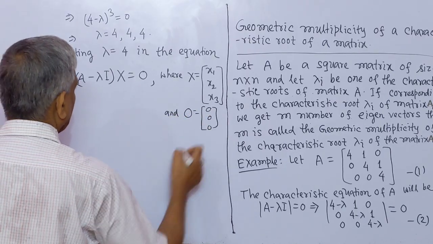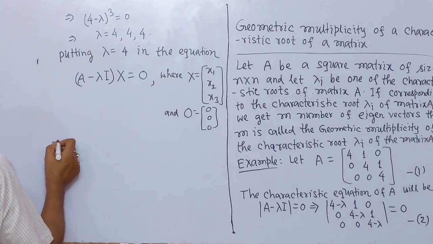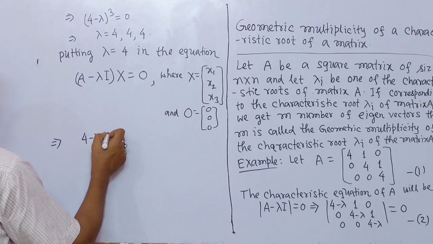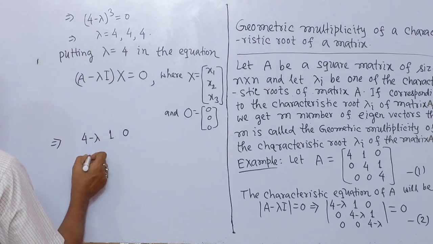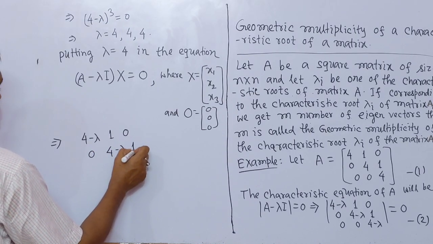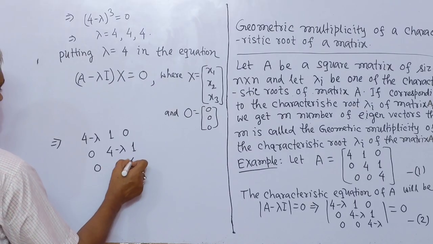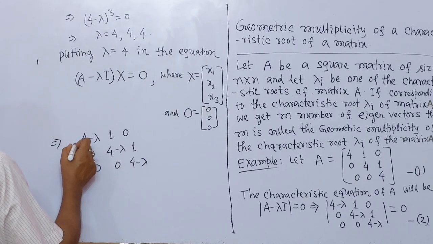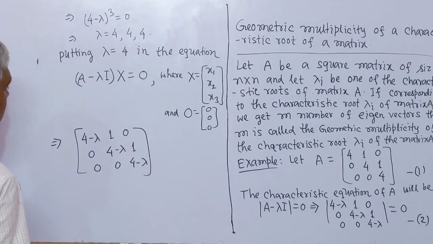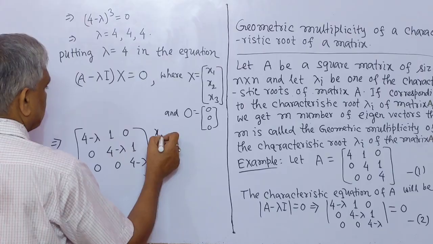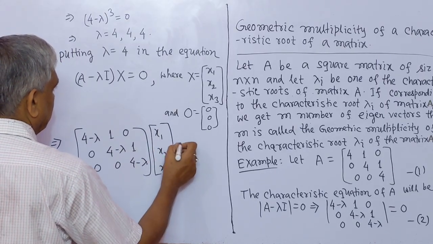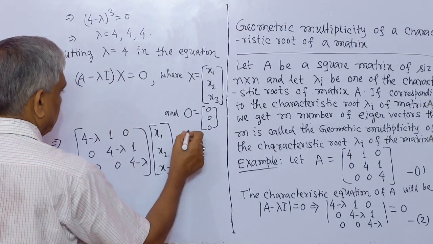This implies 4 minus lambda, 1, 0; 0, 4 minus lambda, 1; 0, 0, 4 minus lambda, times x1, x2, x3, equals 0, 0, 0.